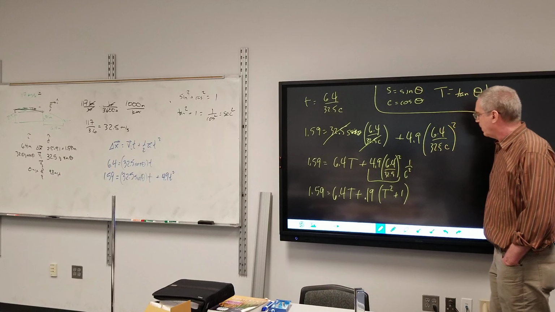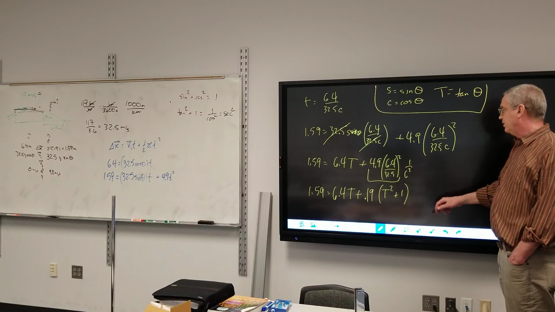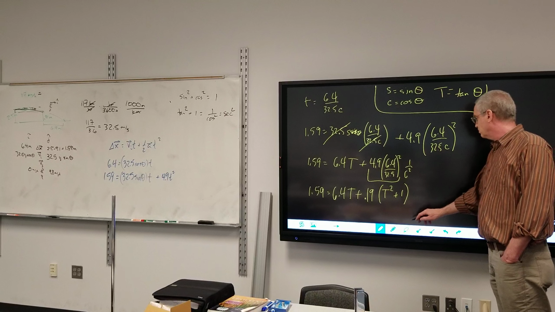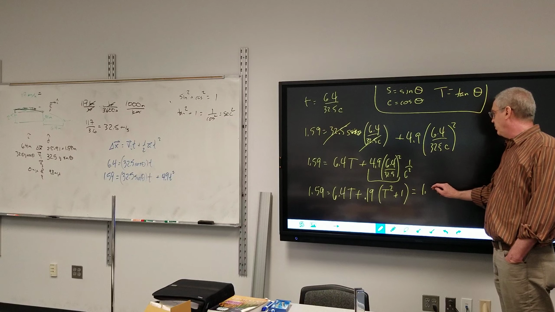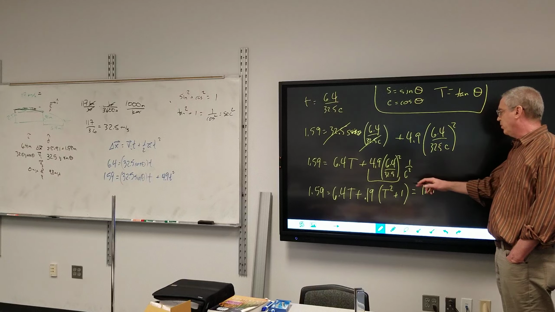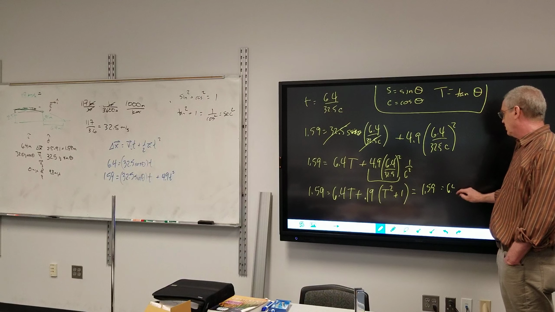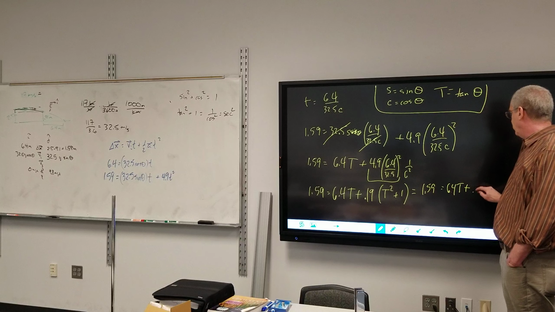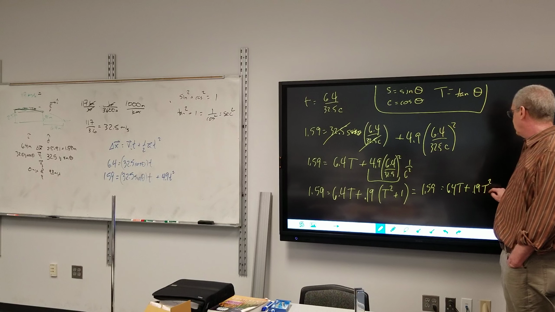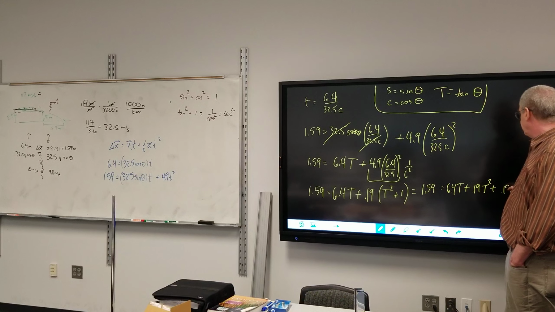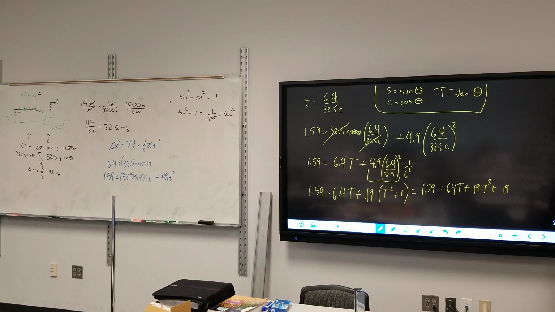Okay. Distribute. 1.59. Hey, 1.59 equals 1.59. You heard it here first. Plus 0.19 t squared plus 0.19. And now we have a quadratic equation.